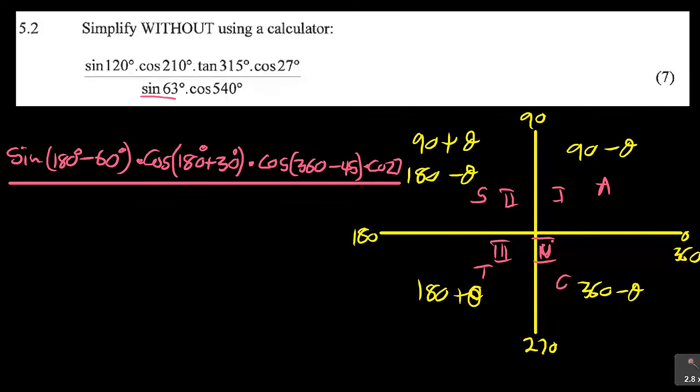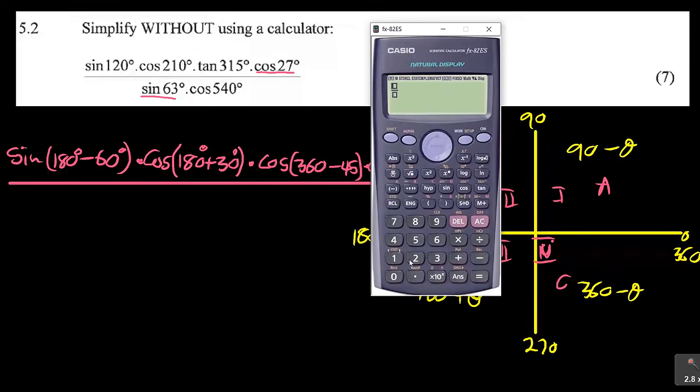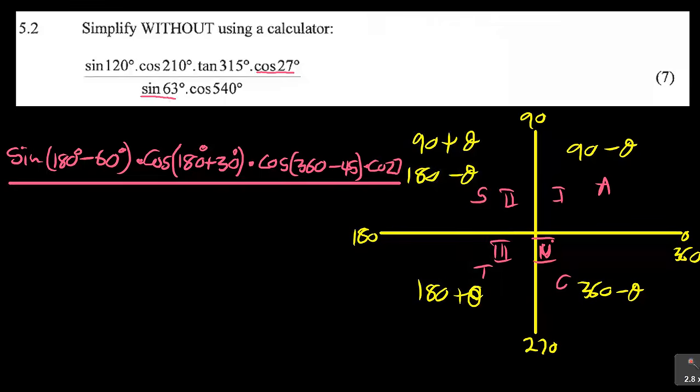Whenever they give you these two numbers, one cos 27 and one sine 63, let me show you with the calculator. If I say cos 27 over sine 63, you'll see that I'm getting a 1. So cos 27 is equal to sine 63. It will cancel, which means this is a cofunction.